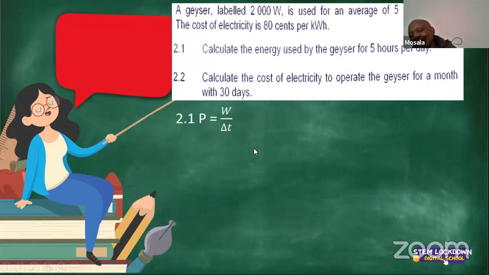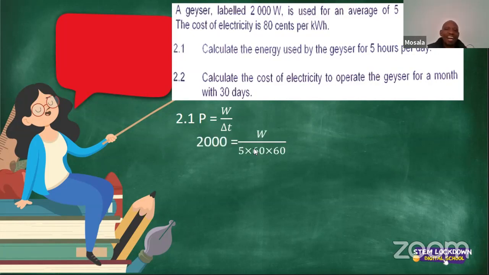Now, power equals what? Energy or work done per unit time. Right. So power here is 2000 watt, and energy used is what we do not know, the work done. And then what is the time? The time is 5 hours per day. But normally we are measuring time in seconds. So there are 60 minutes in an hour and 60 seconds in a minute.